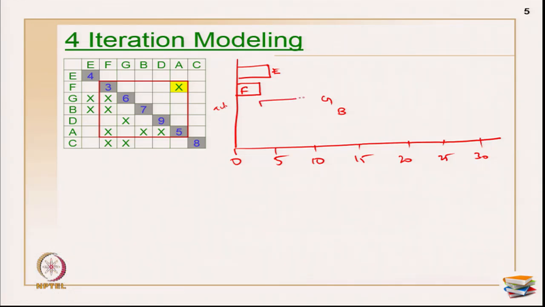So, 3 plus 6 is somewhere 9, okay, and the 3 plus 7 is somewhere close to 10. Okay. Now, so these two are parallel activities.